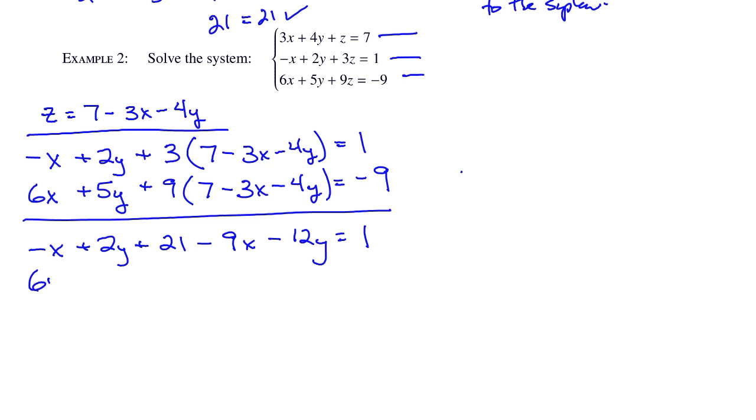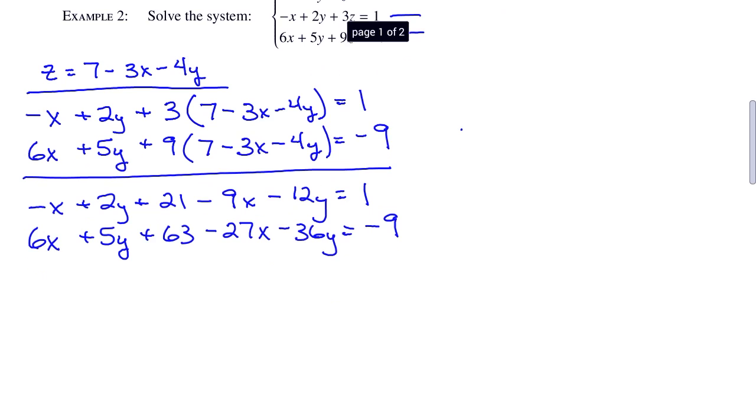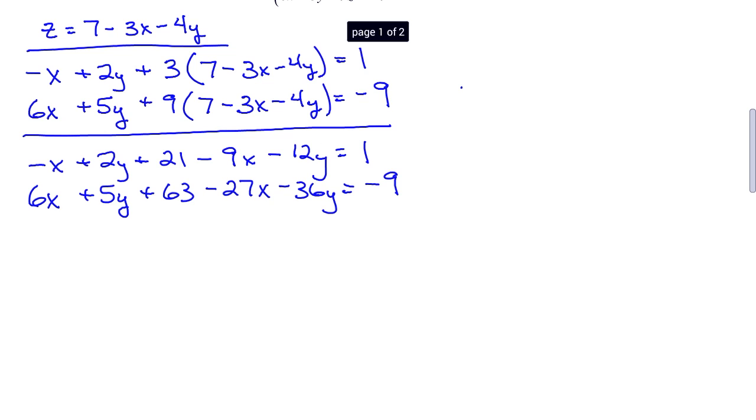And the bottom equation, 6x plus 5y plus 63 minus 27x minus 36y equals negative 9. Let's simplify the equations, combine the x's, combine the y's, and then combine the numbers on the other side.